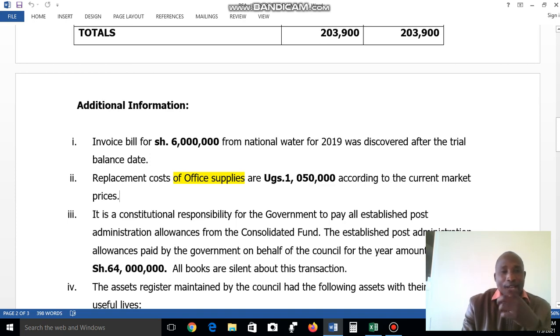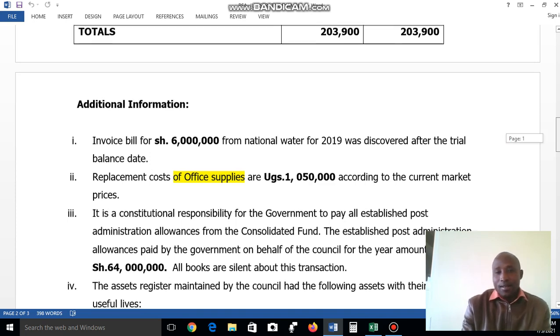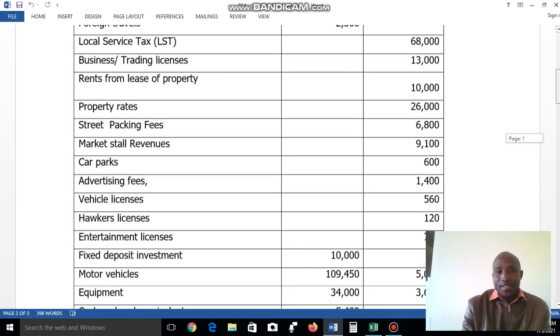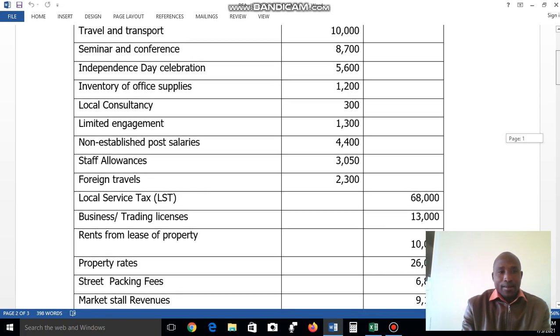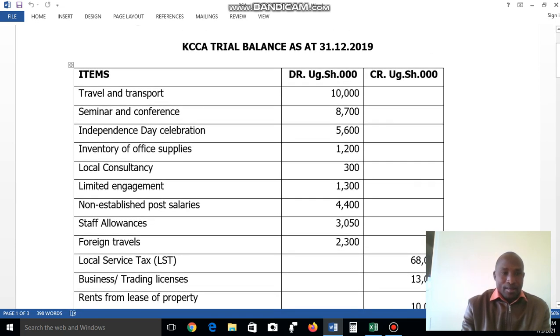This item has a reference in the trial balance, where this is inventory of office supplies. So now we have to open this account.